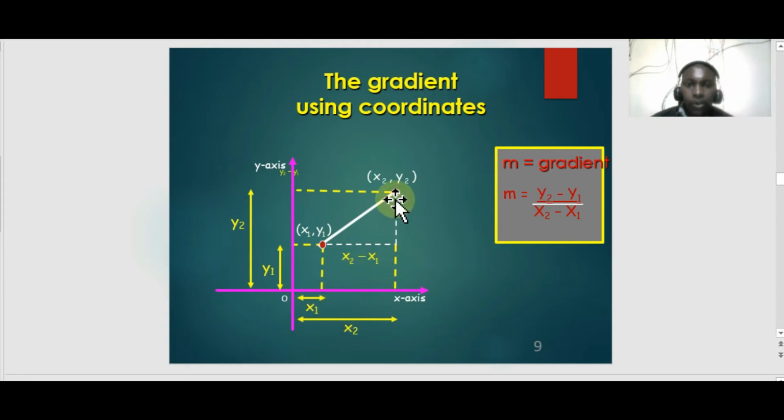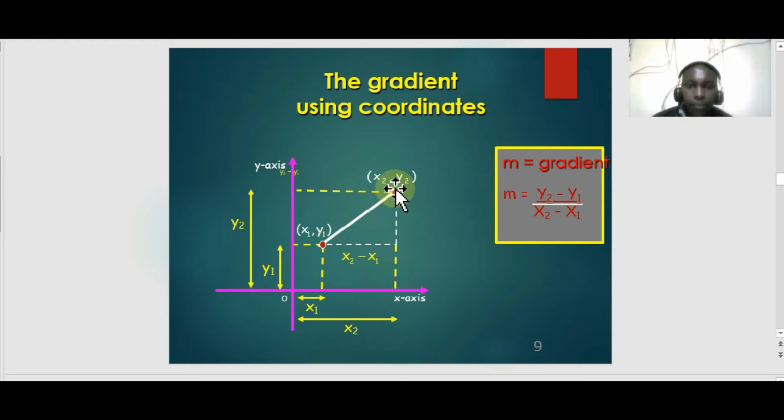For the vertical distance, from the origin to the end there, this is y2. Then from this point to this point, this is y1. So to obtain this height, it will be represented by y2 minus y1.